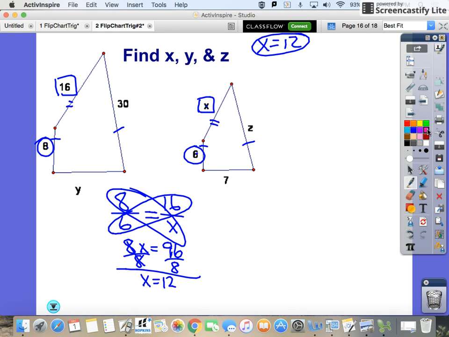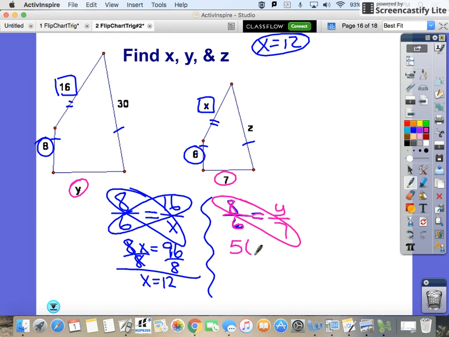Okay. Next one, let's find y, because it comes next. So 8 over 6 equals y over 7. 56 equals 6y. Divide by 6, divide by 6.